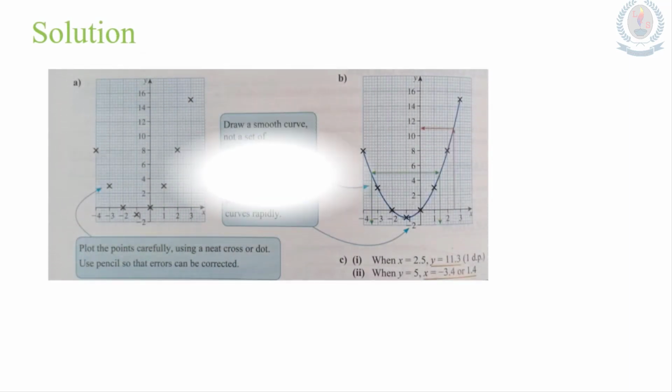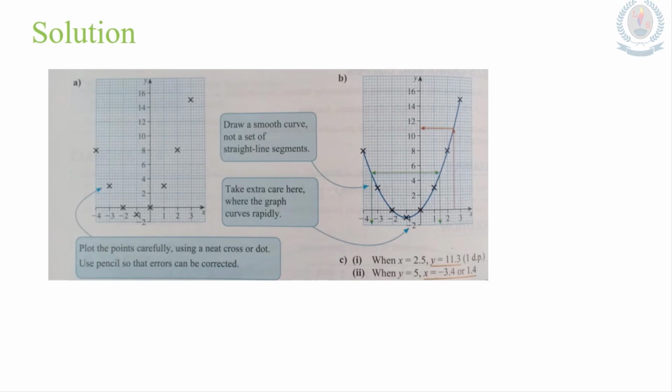Now check this solution. Here first you have to plot these points. In part A, they asked to draw a set of axes so that x ranges from minus 4 to 3 and y from minus 5 to 20. Then you have to plot all these points on your own axes.